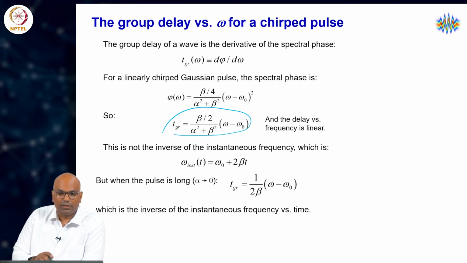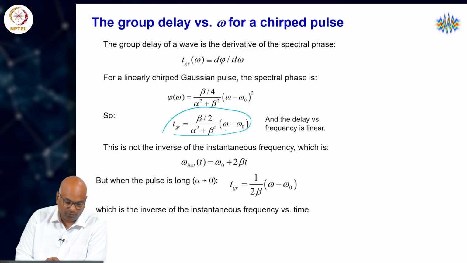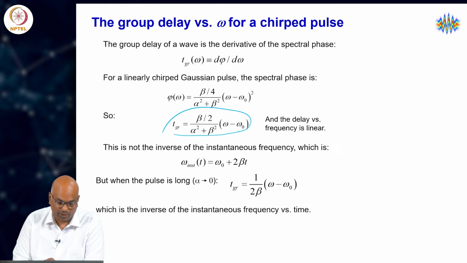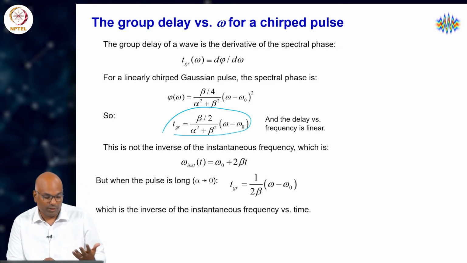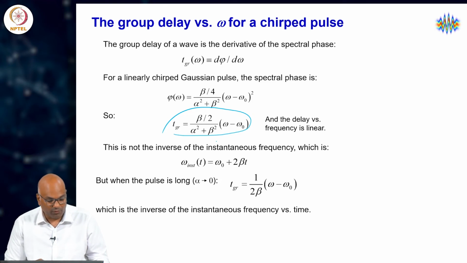In fact, the shift of the frequency from the central frequency omega naught, we can call it the detuning from omega naught, is what really matters for the group delay.